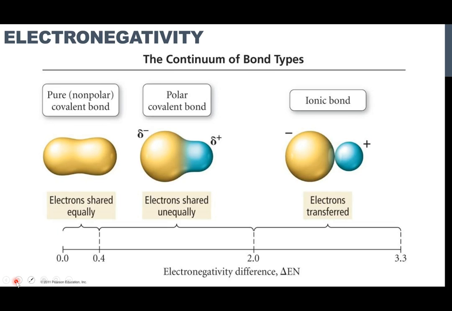All right. So we take their 2 atoms, we look at their electronegativities, we subtract them. If the number that we get from that subtraction is between 0 and 0.4, we would say they're sharing those electrons equally. So we call this a pure or a non-polar covalent bond, okay? So they're sharing them essentially equally.